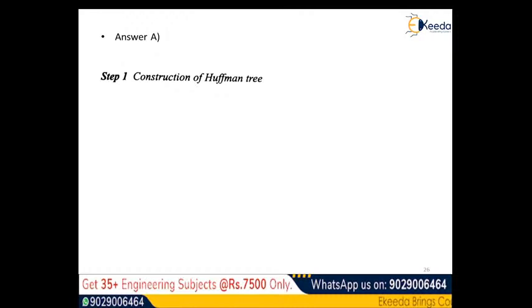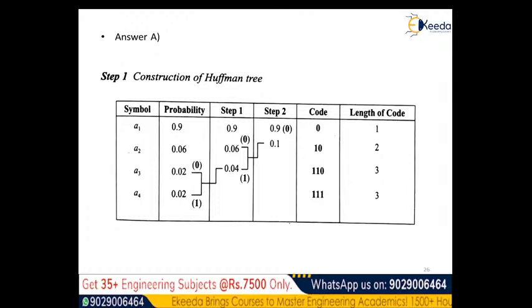Then we have several steps to get to a single value, and further we can do a coding with binary digits. Here we have the tabulation of step number 1. The symbols are arranged in the first column a1, a2, a3, a4 along with the corresponding probabilities of occurrence.